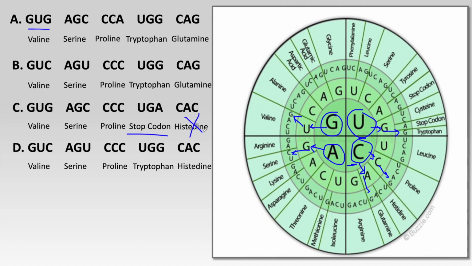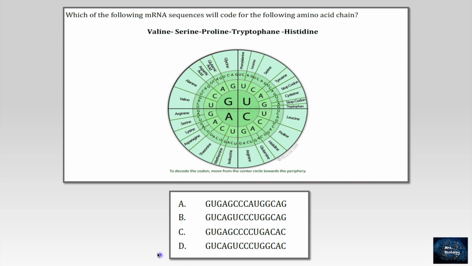And if we compared our work with the choices that they gave, we will find that the right answer should be D. Let's go back. So here, after doing all that work, the right answer is D. Please be more focused while you are doing this.